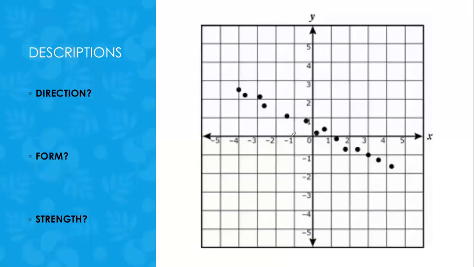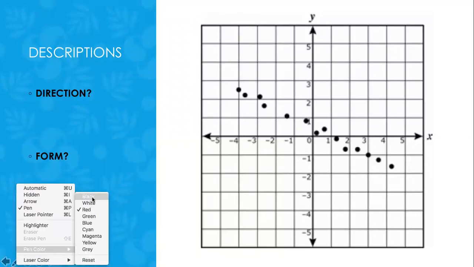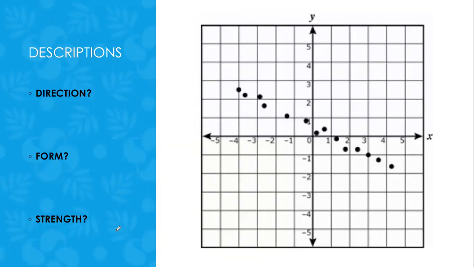All right, let's look at this one. Can I get someone on Zoom to volunteer? I can go. All right. It's negative, it's linear, and it's strong.